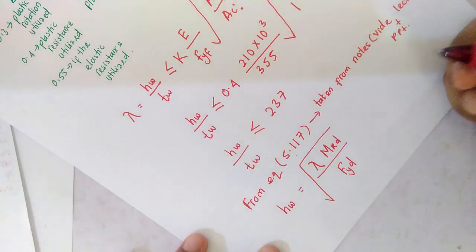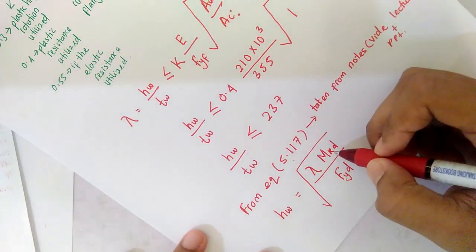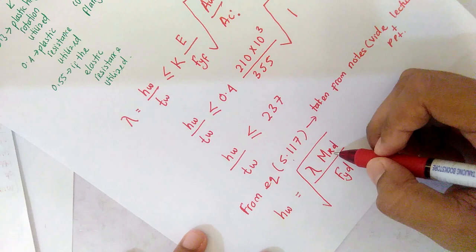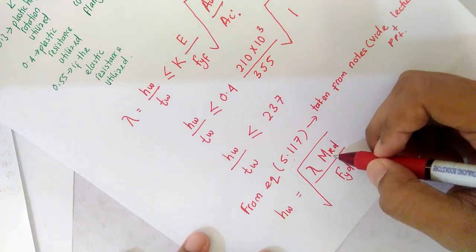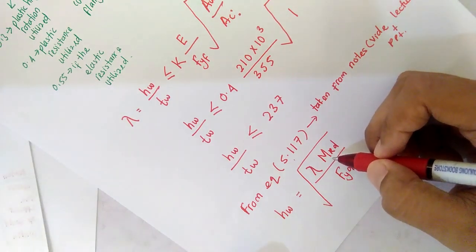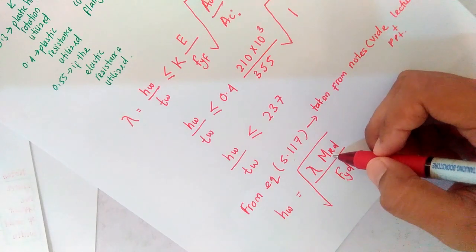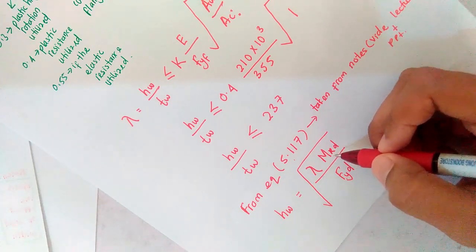Now, what is your MRD? MRD is your total or design bending moment for that particular plate girder.